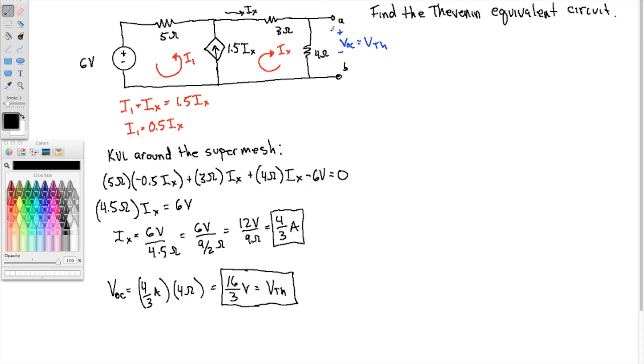Now I need the short circuit current, because I have a dependent source. This is case 2. If there is a dependent source, you have to find the resistance indirectly by first finding the short circuit current.